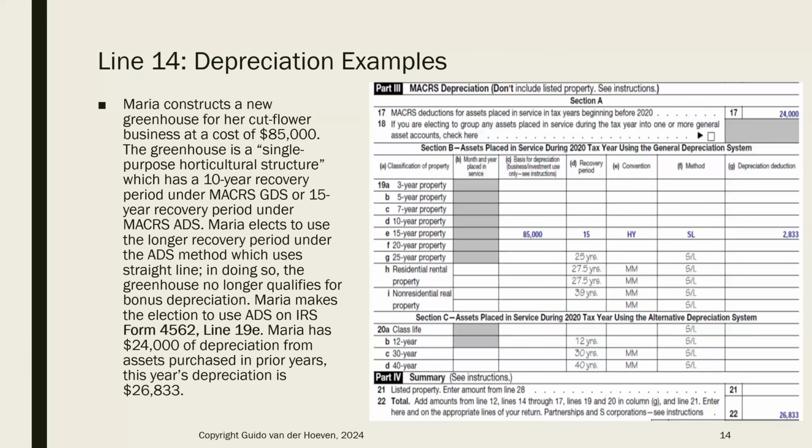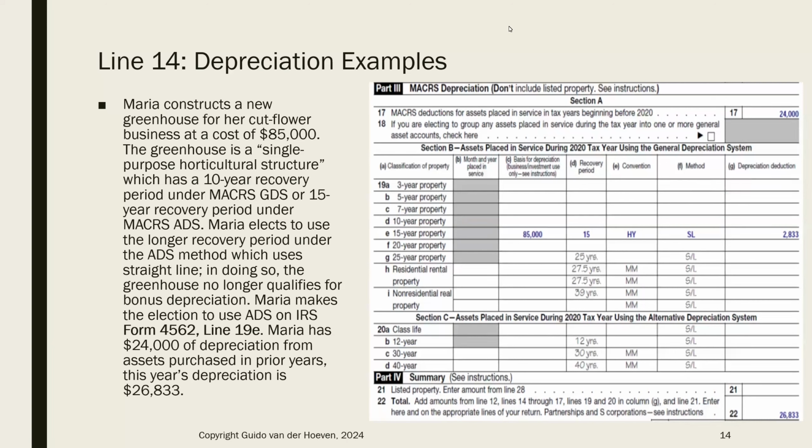So here's just an illustration. You've got Maria. She constructs, in this particular case, a new greenhouse for her cut flower business, and she's got an $85,000 cost in that. Now, I'm illustrating here that she's making a decision that says, hey, I could depreciate that greenhouse over 10 years, but I don't want to for income tax purposes.